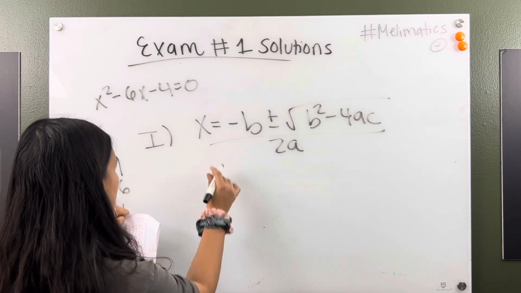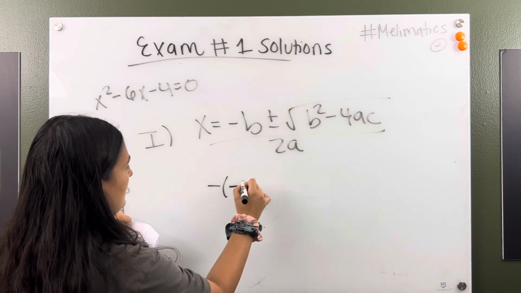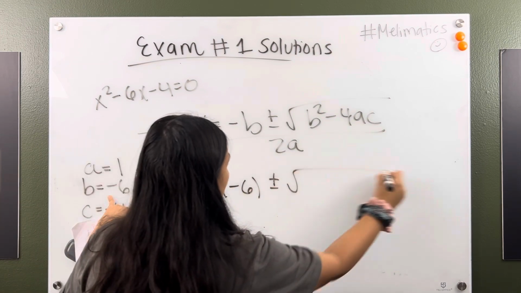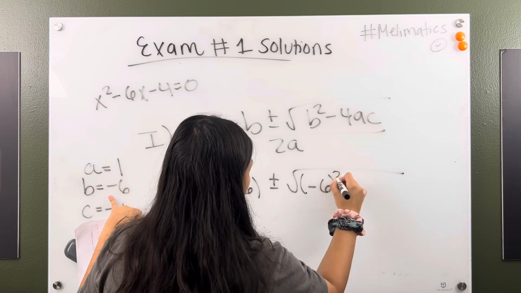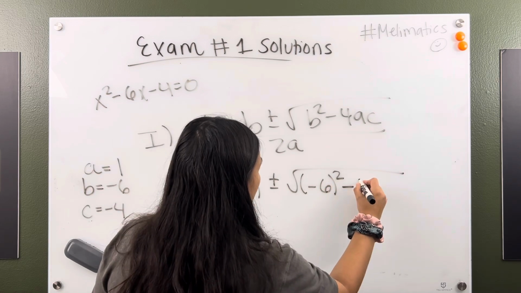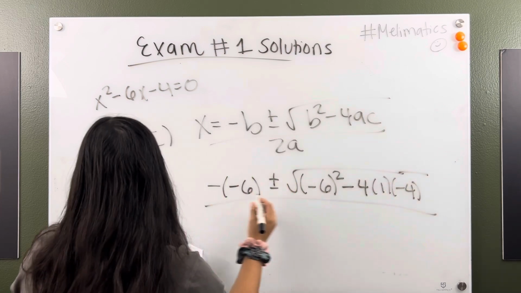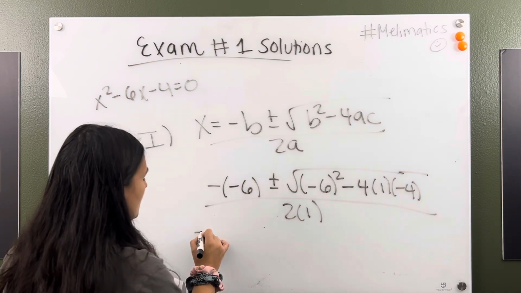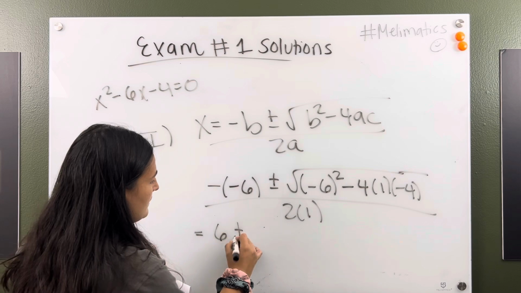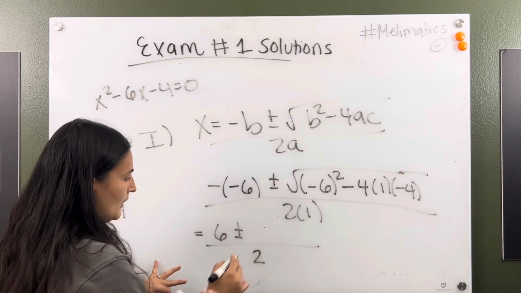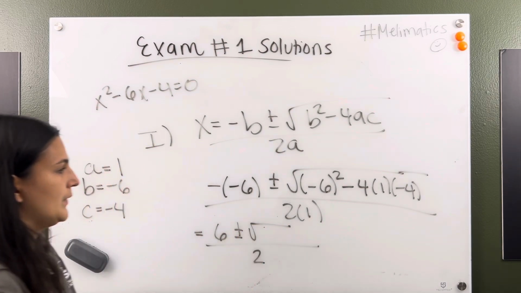This is negative b, negative times a negative 6, plus or minus the square root of b squared, put b in parentheses, minus 4ac, all over 2a. So that means that this is just positive 6. And in the square root, what do we have?